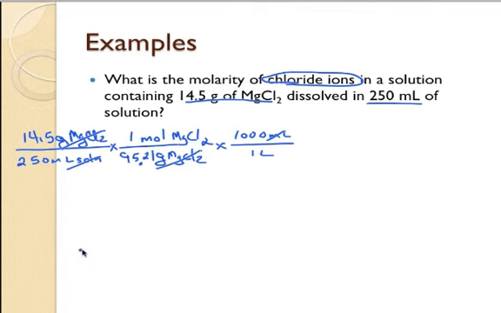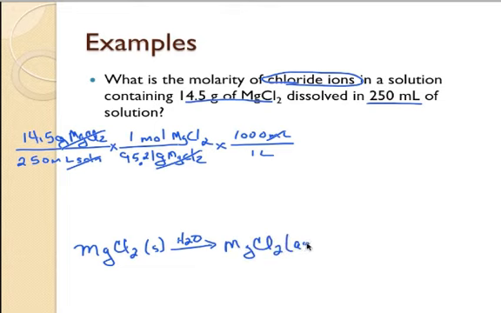Well, if I look at magnesium chloride solid, and I put it into water, it's going to form aqueous magnesium chloride. So how does that really exist in the solution? Well, it exists as magnesium ions and 2 chloride ions.